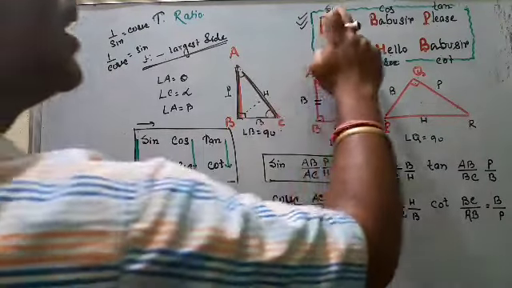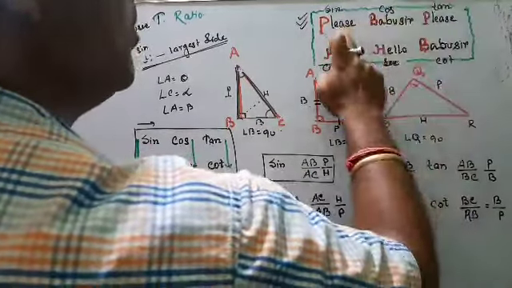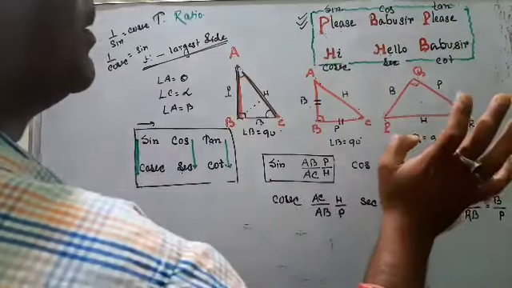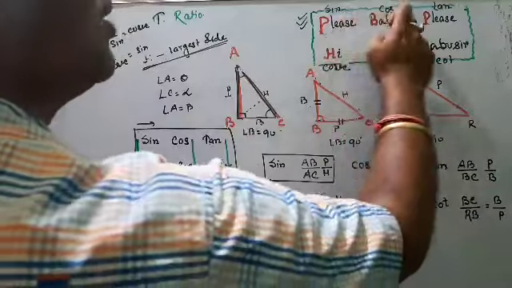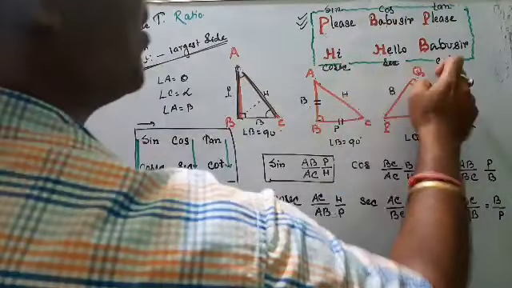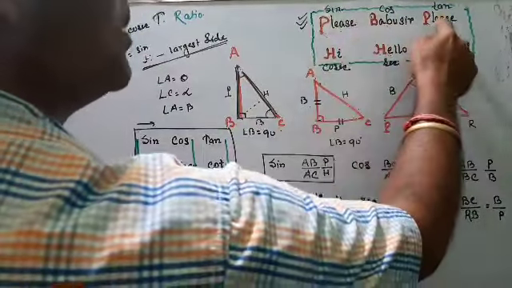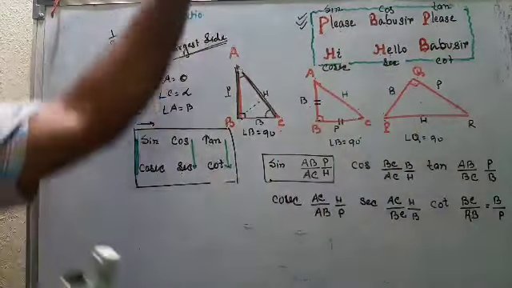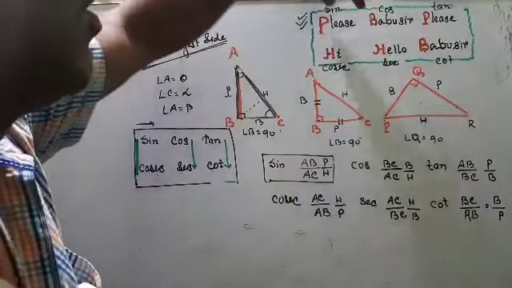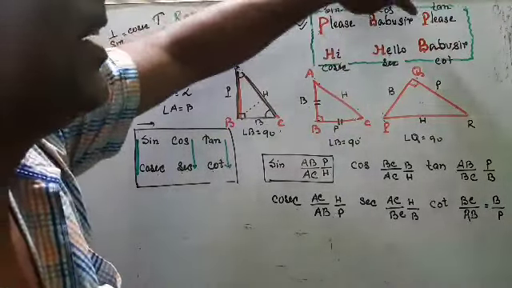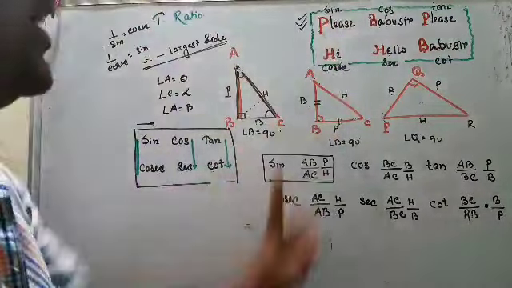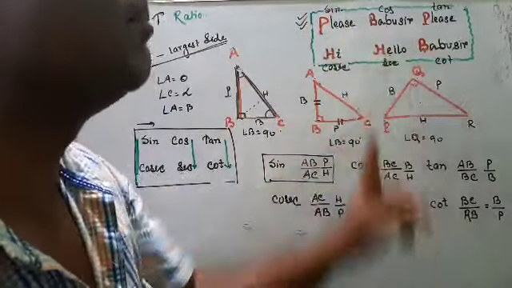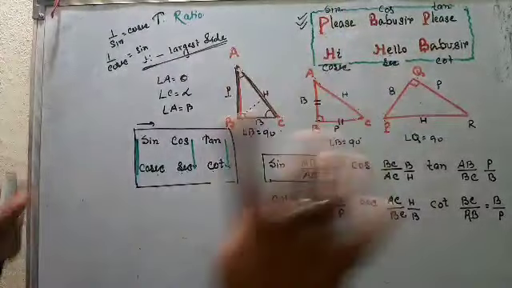How to learn? Sine cos tan. Please, Babu sir, please. Hi, hello, Babu sir. Very simple. Sine cos tan, cosec sec cot, right? Then you write, please, Babu sir, please. Hi, hello, Babu sir. And easily you can find sine P by H, cos B by H, tan P by B, cosec H by P, sec H by B, cot B by P. Hope you understand.